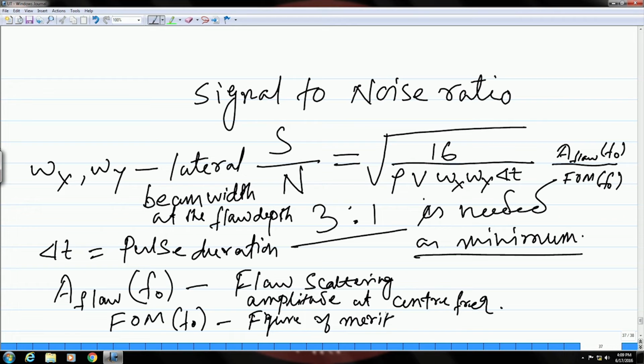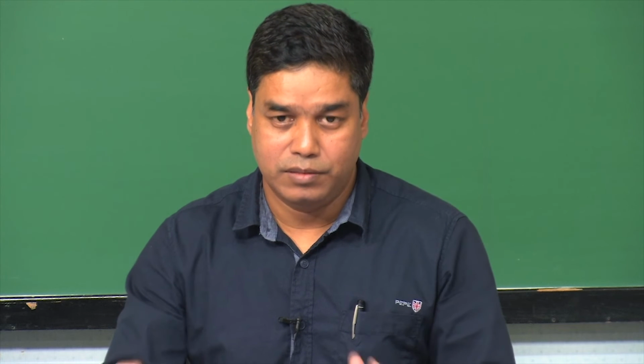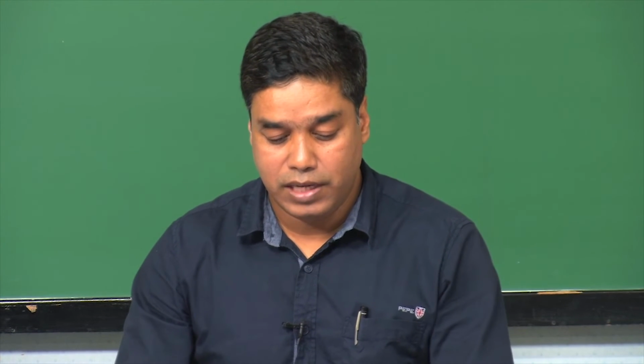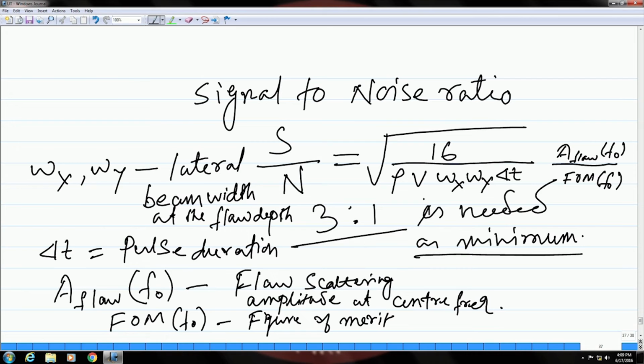which compares one parameter with respect to another parameter. Okay. So, this FOM in this case is the figure of merit for the noise at the center frequency.